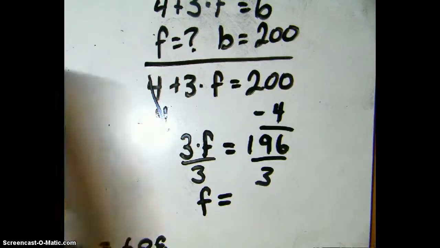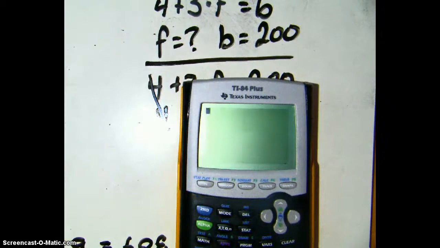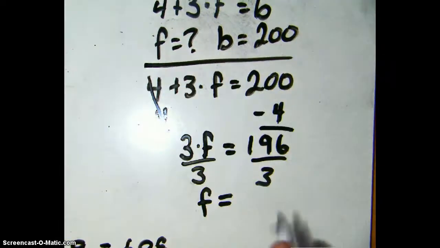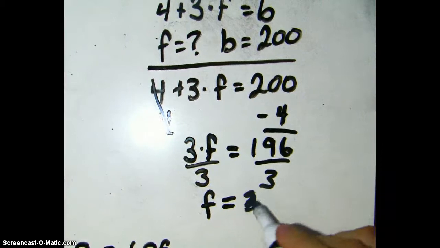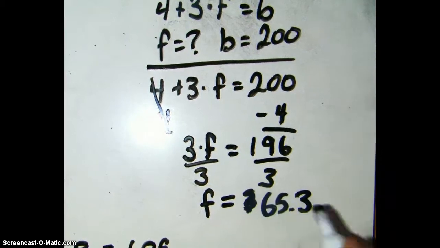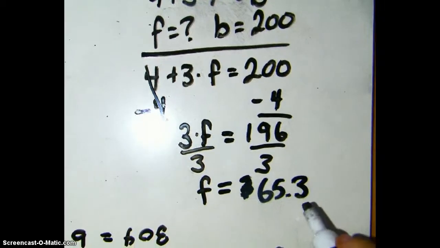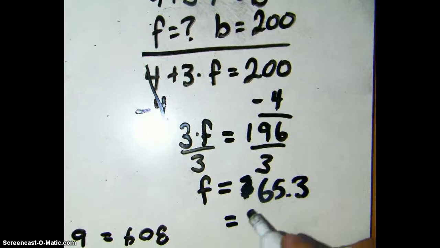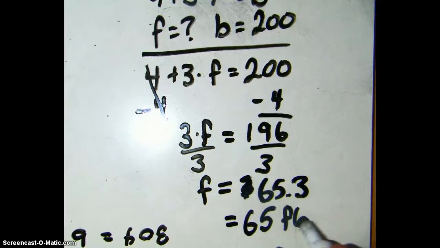If you do, 196 divided by 3, you get 65.3 floors. And can we have 0.3 of a floor? Not really. So we would say, really, it's 65 floors, because we can't really have a third of a floor.